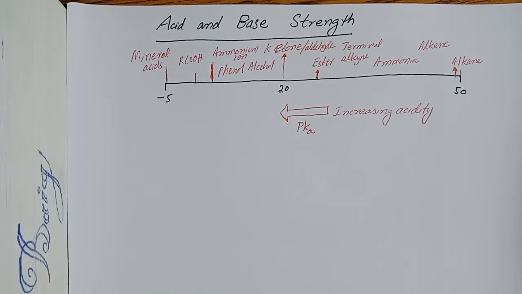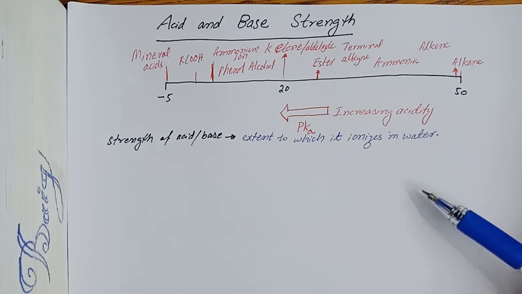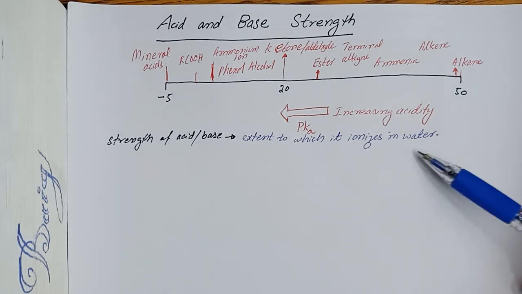The strength of an acid or base depends on the extent to which it ionizes in water.